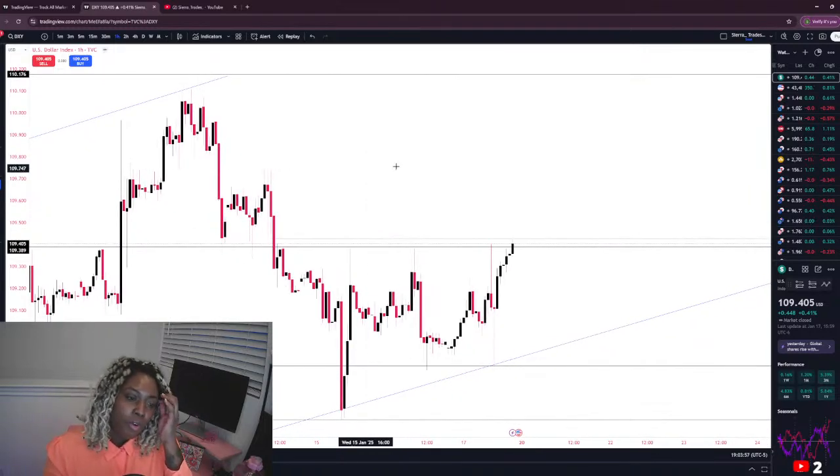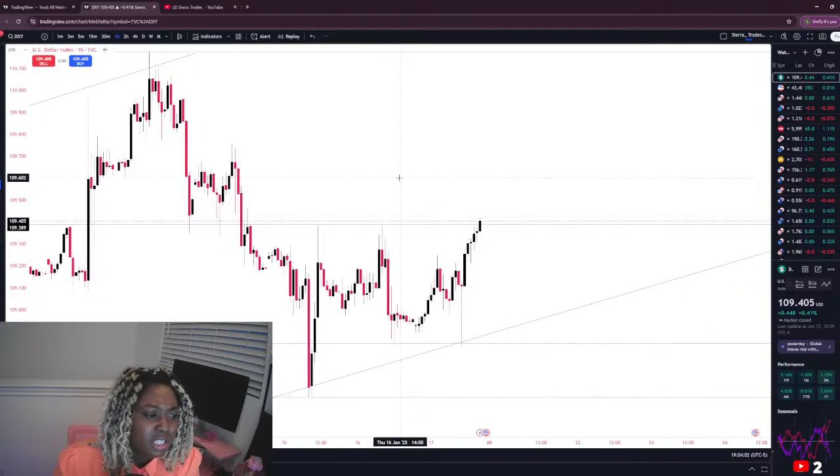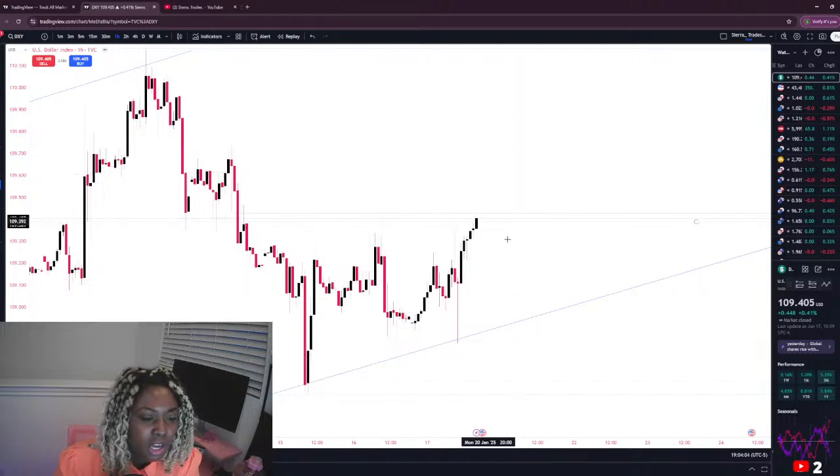Now, what I look for on Mondays is to see if it's going to break structure to the high and then come back and retest here. Now I see that we have a gap here.